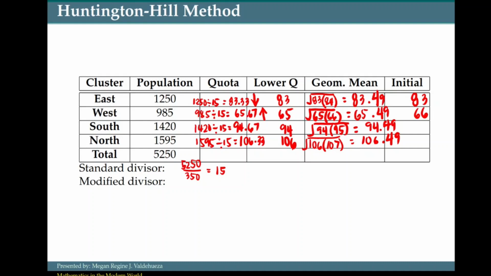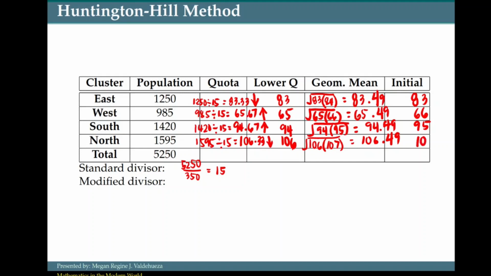Next, 94.67 versus 94.49, since the quota is greater than the geometric mean, this means we round up. So that is 95. 106.33 versus 106.49, since the geometric mean is greater than the quota, then we round down.